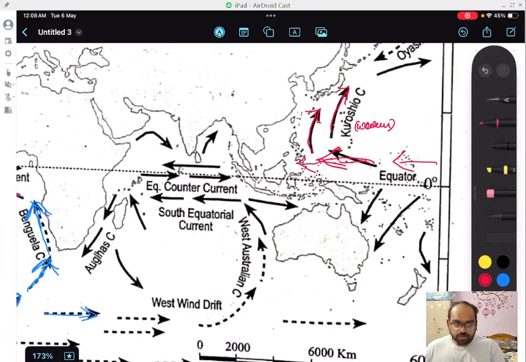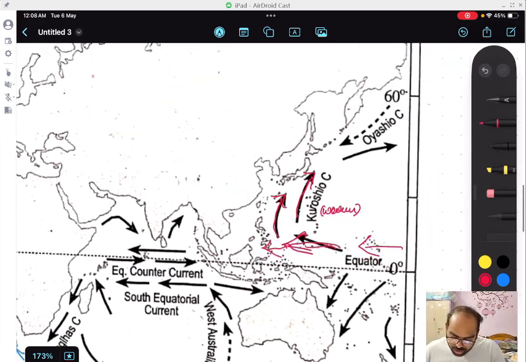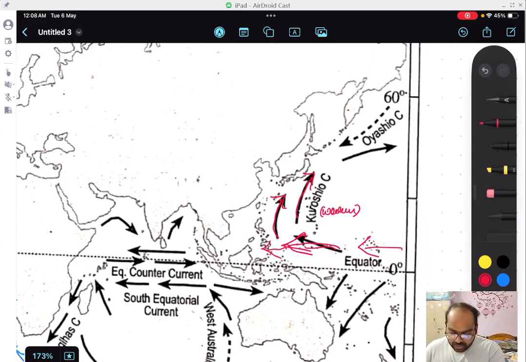Where were we? The north equatorial current hitting the Philippine Islands and started drifting northward as the warm Kuroshio current. This warm Kuroshio current starts moving towards the Japanese coast, and once it reaches the Japanese coast, it is met by a cold current called the Oyashio current.